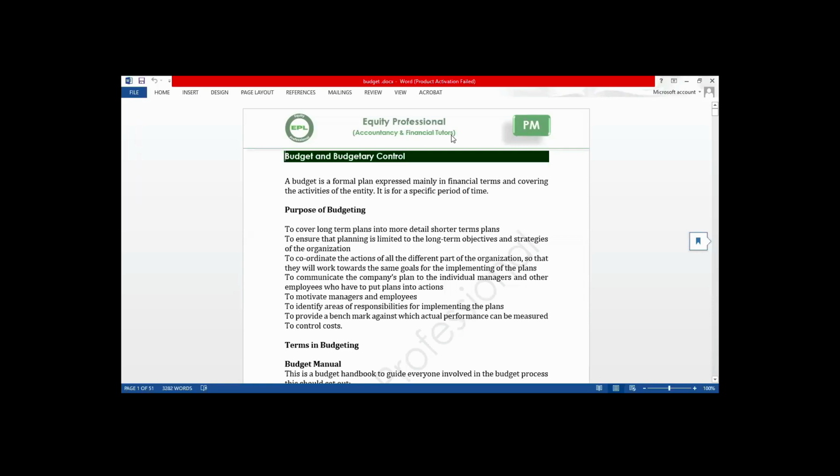You can use budgets to communicate the company's plan to individual managers and other employees. Once you draw your budget, it will show the activities of the different departments and what the company plans to achieve.